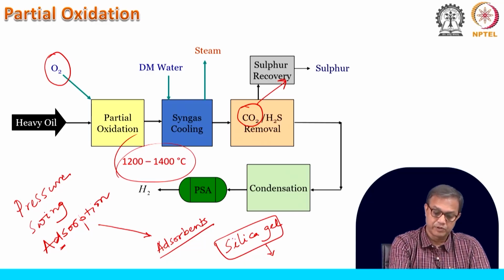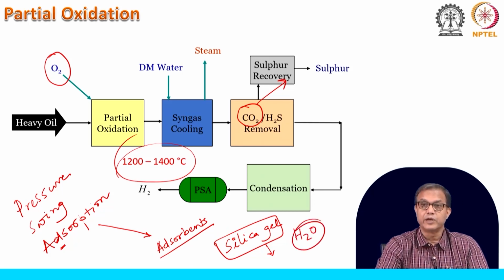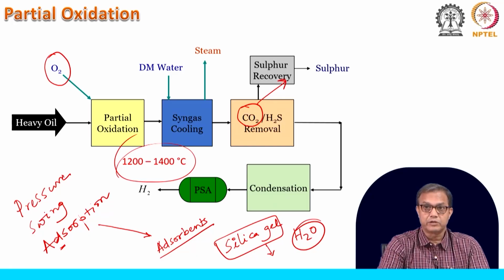moisture, if it is for H2O. It will adsorb this moisture and finally be saturated. After some time you need to regenerate or reactivate it, and one way of reactivating it is to raise its temperature.